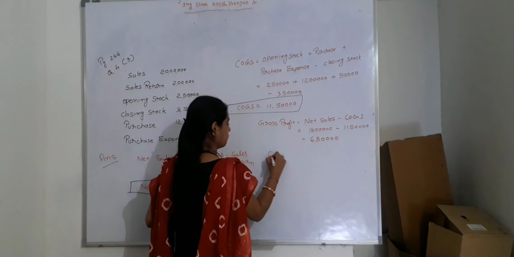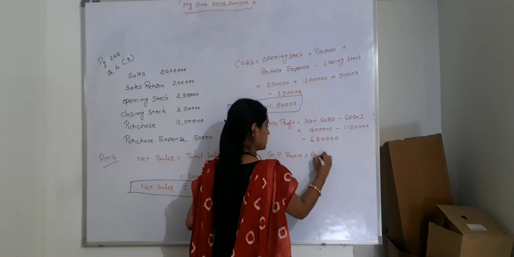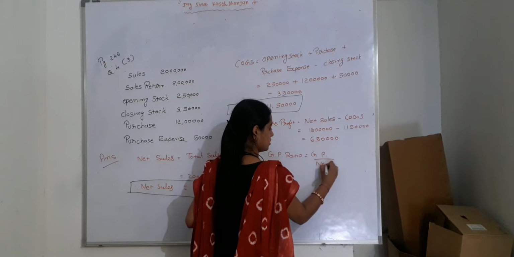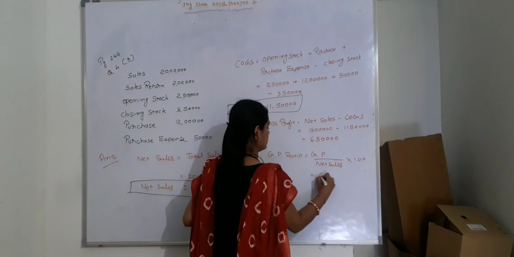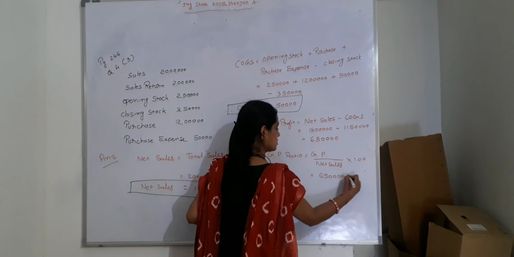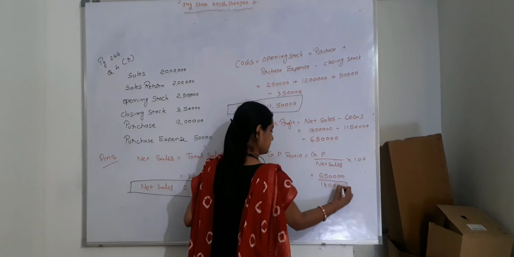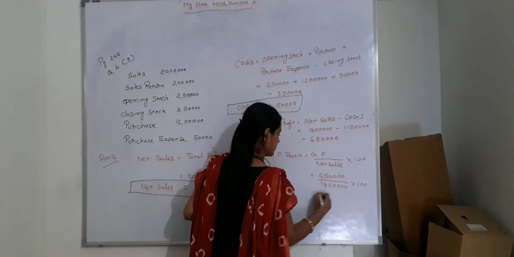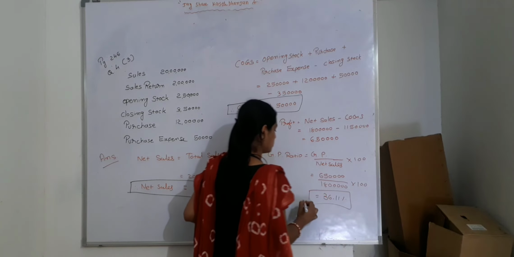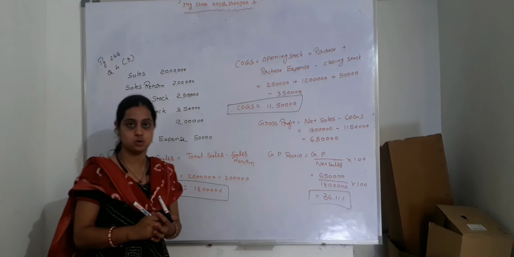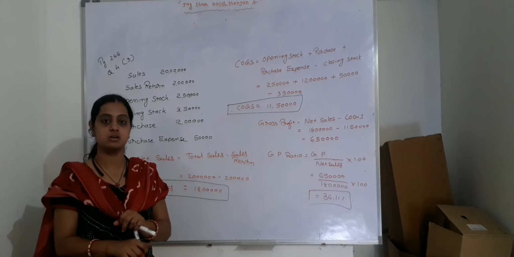Now we have to find gross profit ratio is equal to gross profit upon net sales into 100. Gross profit is 6,50,000 upon net sales 18 lakh into 100. That means our answer is 36.11%. So gross profit ratio is 36.11% for a firm.